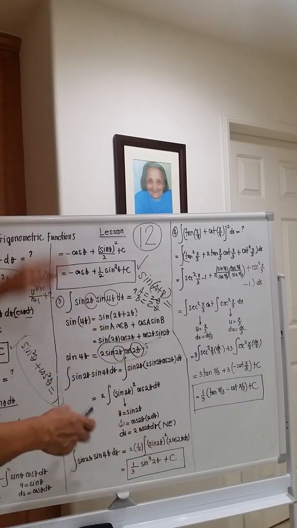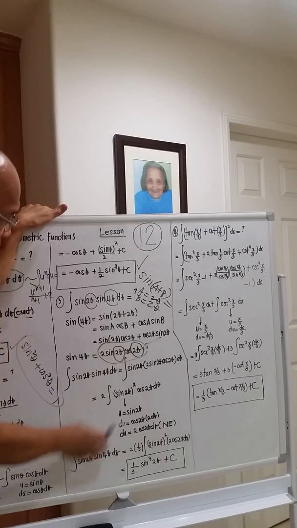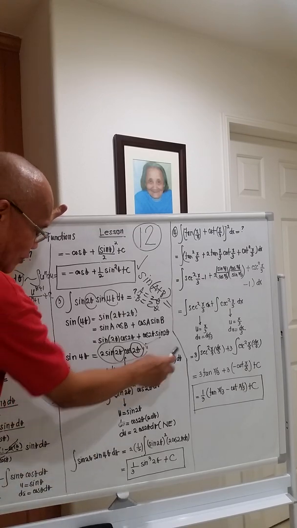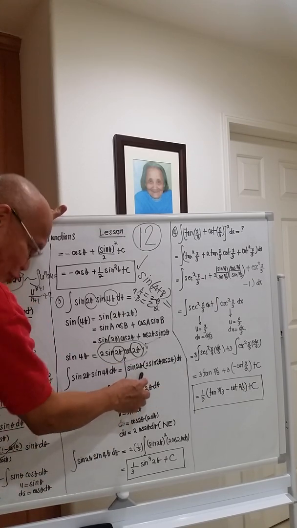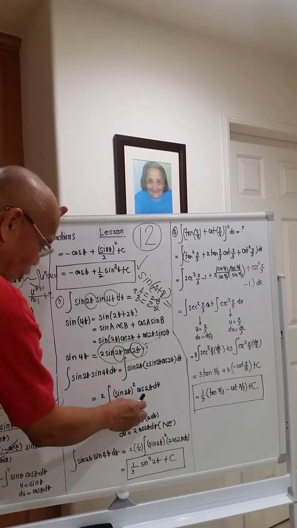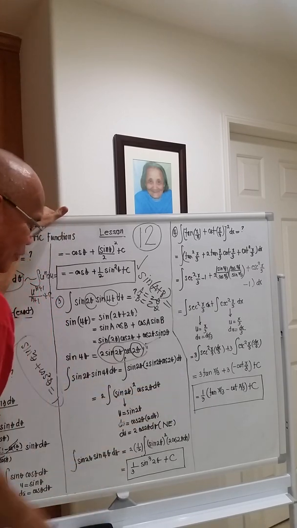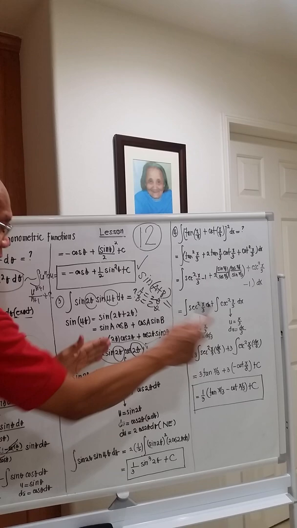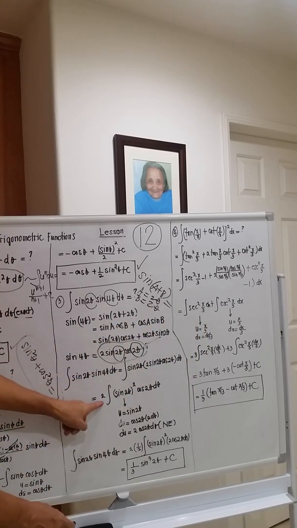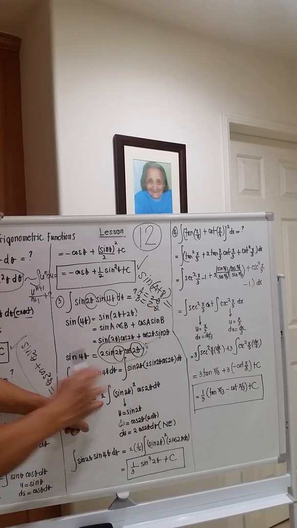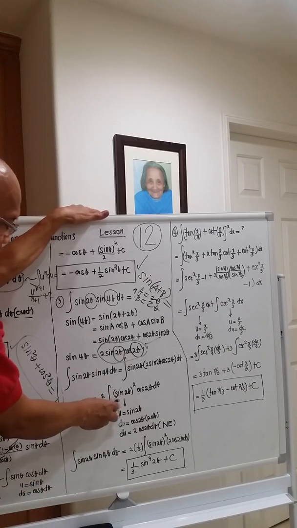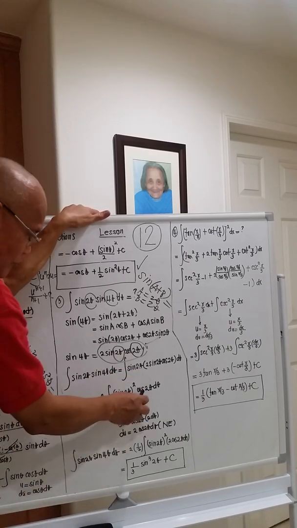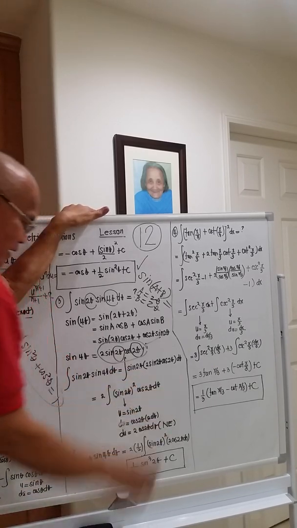If we multiply this one, we get sine of 2 theta, sine of 2 theta, that will be sine of 2 theta squared, cosine of 2 theta, differential theta. We got a 2 here. We bring it out; 2 is out of the integral sign. What remains inside is sine of 2 theta quantity squared, cosine of 2 theta, differential theta.